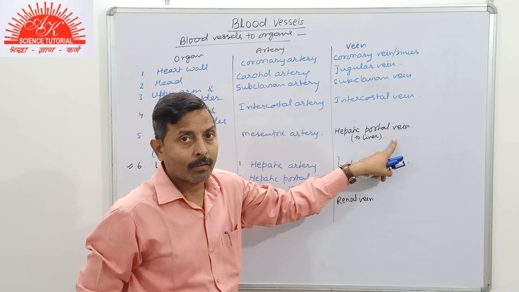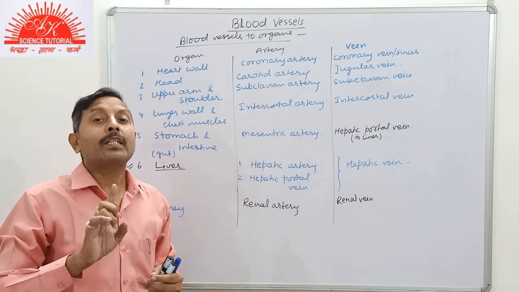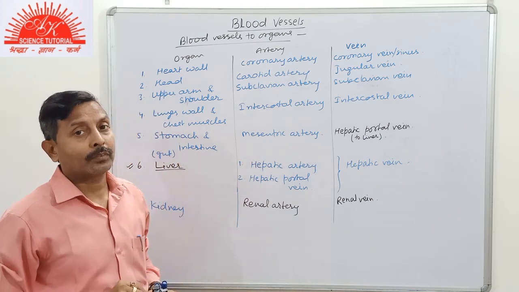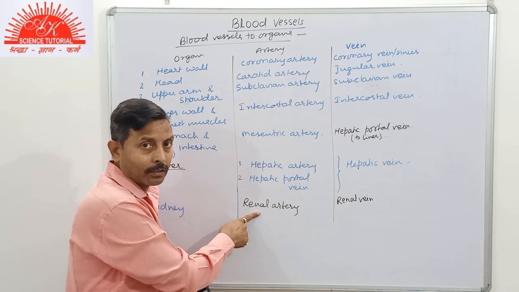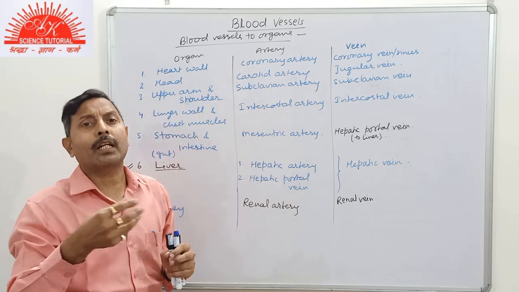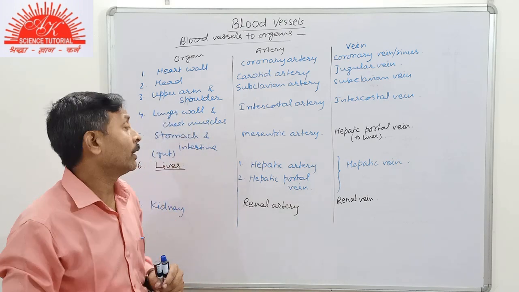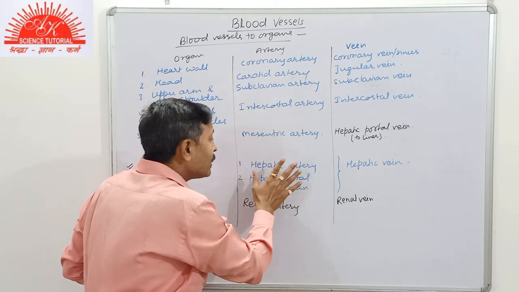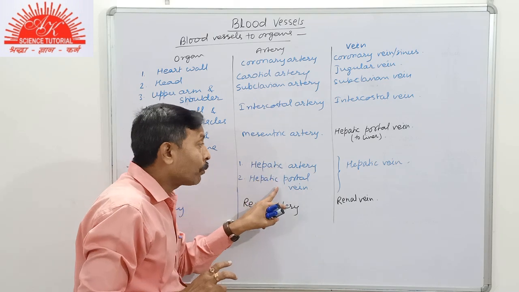Now another question. The blood vessel which carries maximum urea. Many times a student writes renal artery, but this is not correct, because renal artery is carrying only a small portion, because it is only a branch of the major artery. Actually it is the liver where urea is produced.